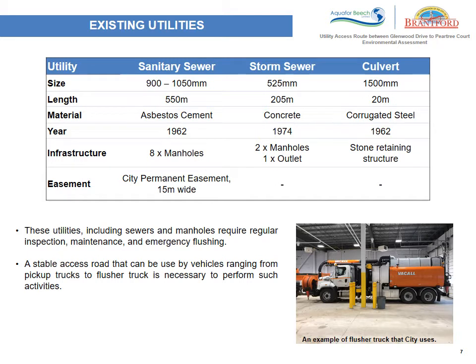The sanitary sewer was constructed in 1962, and the storm sewers followed in 1974. There are 8 sanitary sewer manholes that require access, followed by inspection, and 2 storm sewer manholes.